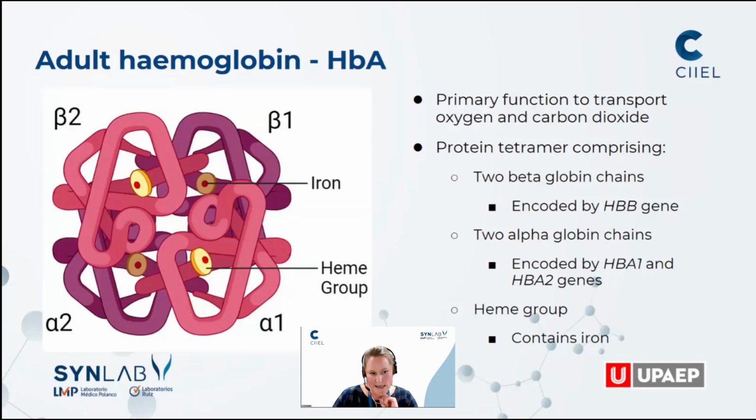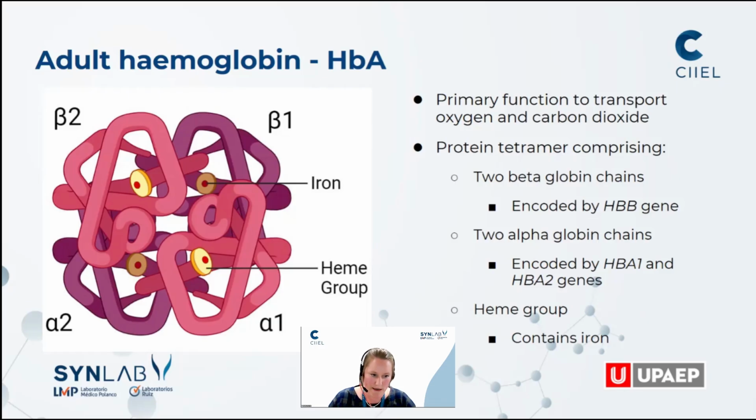You can see that each hemoglobin protein is a tetramer, and it comprises 4 different subunits: 2 alpha globin proteins and 2 beta globin protein chains, and the beta globins are encoded by the HBB gene and the alphas by the HBA1 and HBA2.